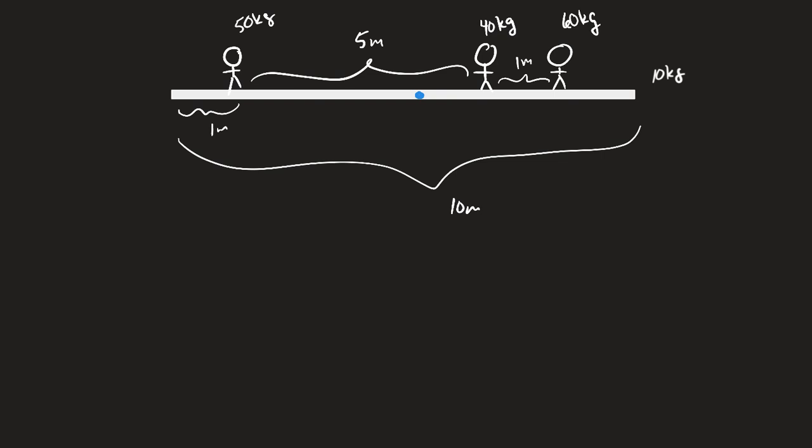It's a judgment call, but if you're not given any information about their size, it's pretty typical to treat them as if they are also point masses. So that suggests that this problem has, in and of itself, 4 point masses that we'll be using to calculate the center of mass.